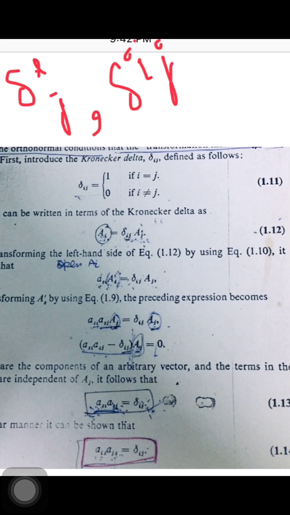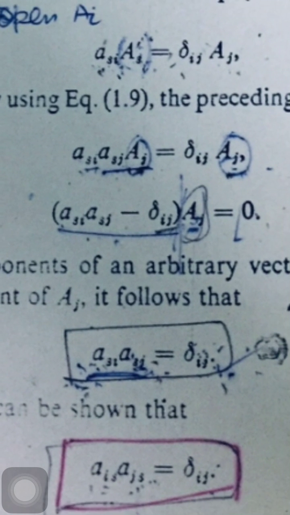When we use this, we get a_si a_sj is nothing but delta_ij. One index, s, is the same in both, so the remaining i j becomes delta_ij. If we change these, a_si can be written a_is and a_sj can be written a_js. We can also get this in the same way, so we get delta_ij.